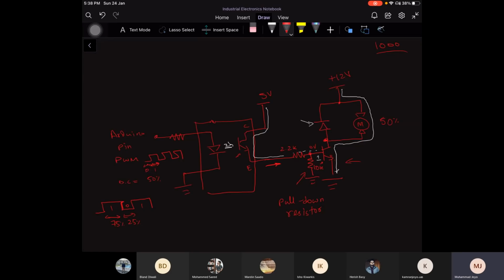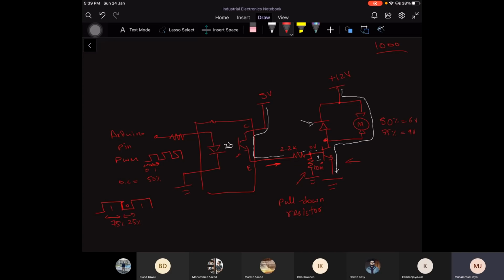So that means the motor is actually running at 75% of its maximum speed. In the first case, when the motor is running at half speed, it will be running at 6 volts, and when it is running at 75% of its maximum speed, it will be running at approximately 9 volts.